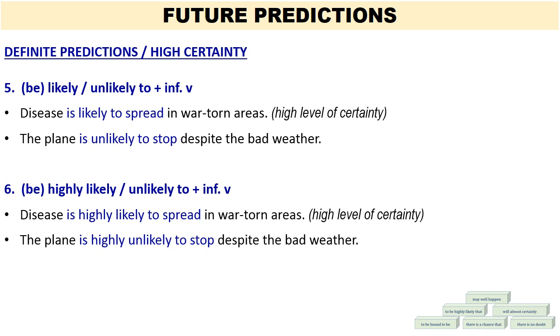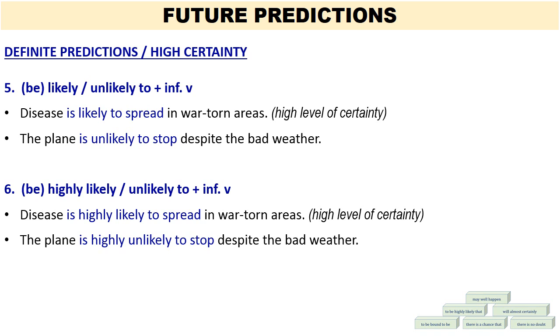We can also say that we believe strongly that something isn't likely to happen. In this case, for example, the plane is unlikely to stop despite the bad weather. So the verb to be plus unlikely to plus the infinitive form of the main verb.